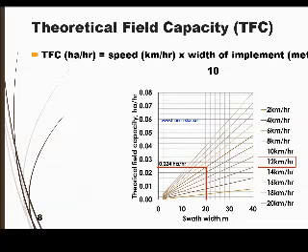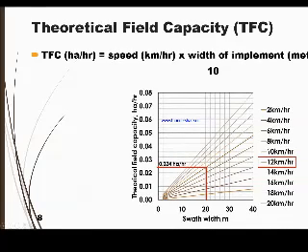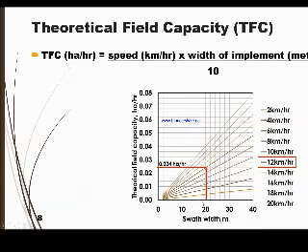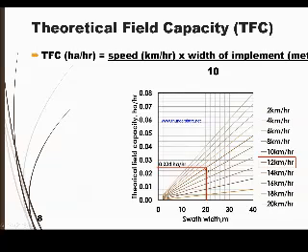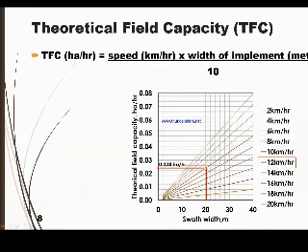In this case, I give you one of the examples. At variable speed, you can have different TFC according to different swath width. If you take an example, let's say the swath width, meaning the width of the machine or cutting bar machine, is 20 meters. If you're running at 12 kilometers per hour, you will get this TFC value.